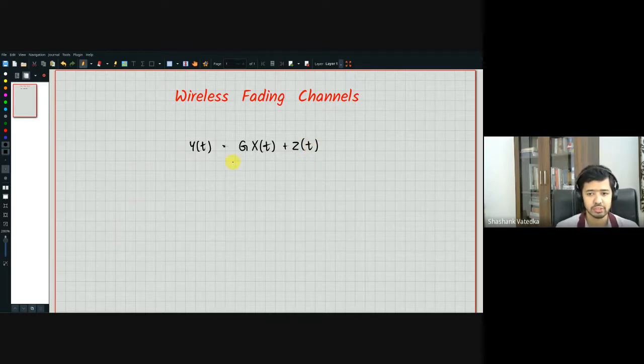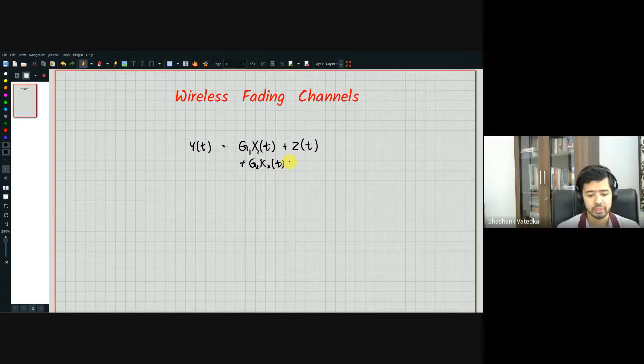And so this is in the single user case, but if it's, let's say, a multiple access channel, then you have g1 x1 of t plus maybe g2 x2 of t plus z of t. And if it's a broadcast channel, then you have a y1 and a y2, which follow a similar channel model.